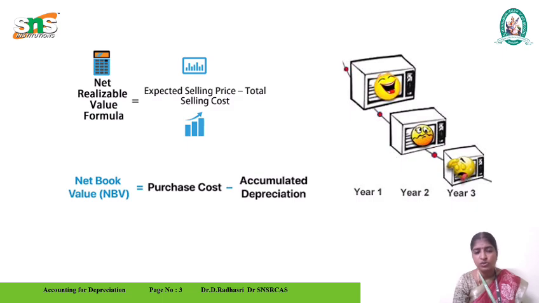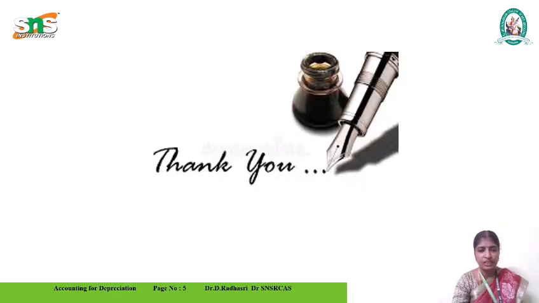The net book value automatically goes down as the accumulated depreciation is calculated year by year. The expected selling price and the cost of the selling price also go down as depreciation takes place year by year. It is shown in the accumulated depreciation and the cost of depreciation by the written down value method. This is how we calculate the written down value method.